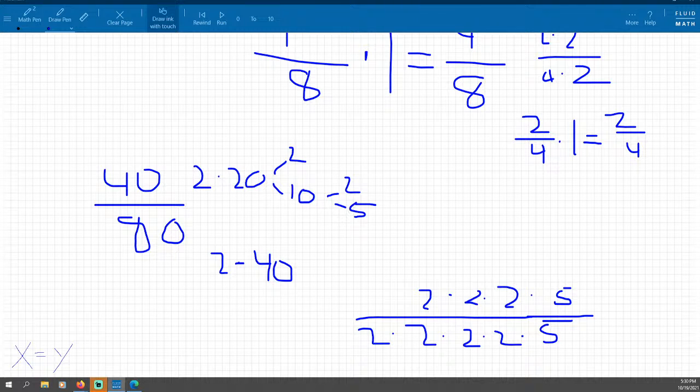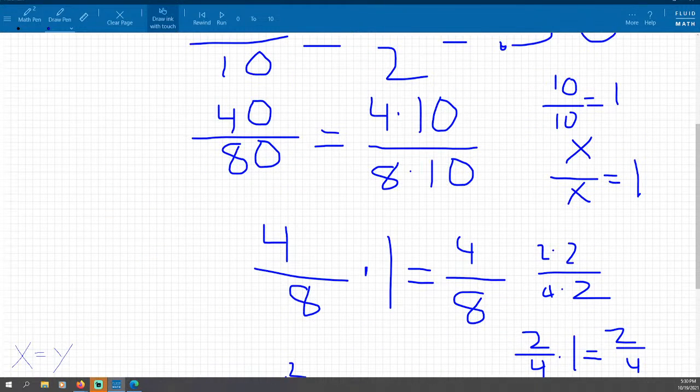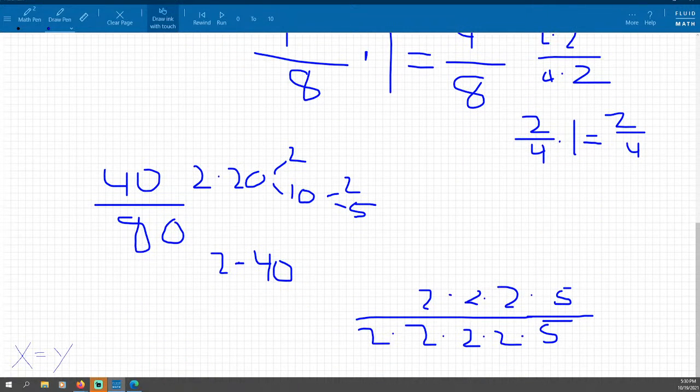So with the factoring out, what we learned up here, x over x equals 1. We have 1 here. Oh, darn, I was hoping not a full circle would erase it. So that becomes 1. This becomes 1. This becomes 1. This becomes 1. And then we still have the 2.